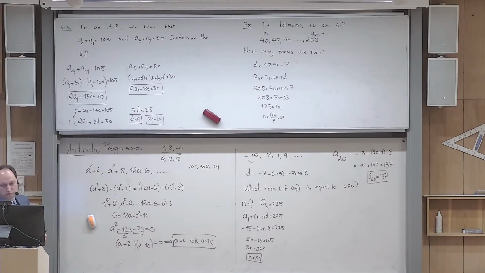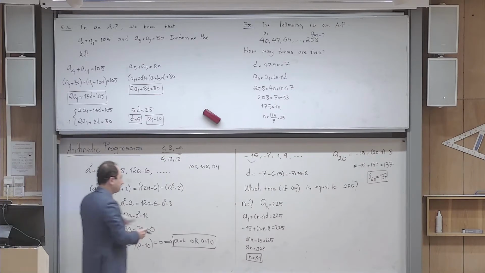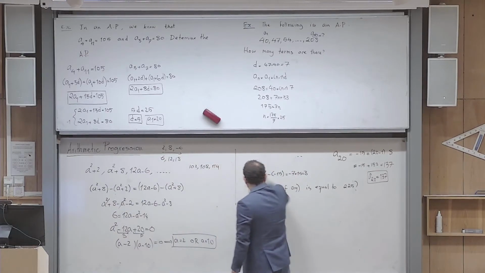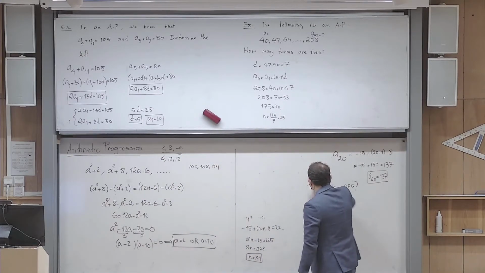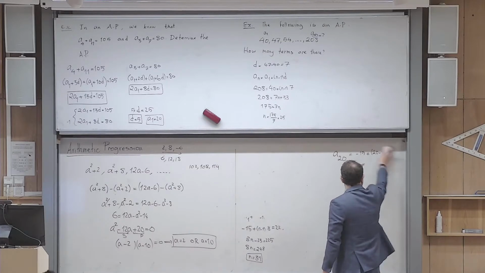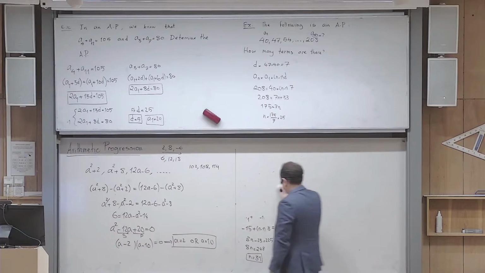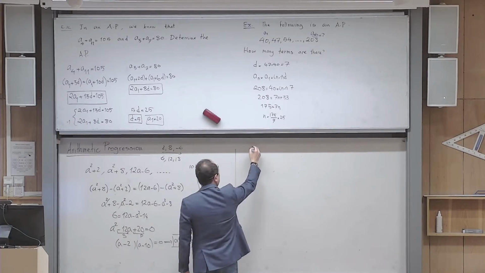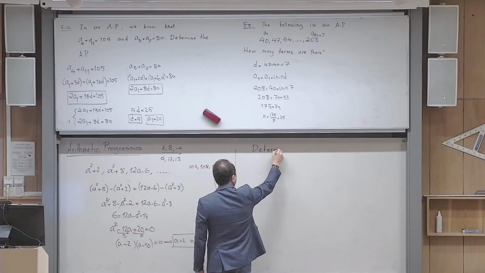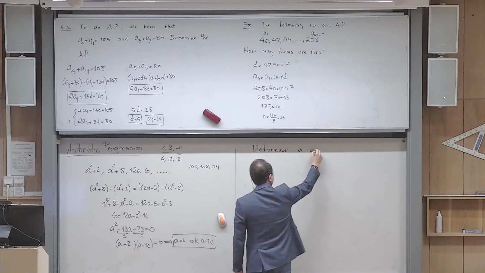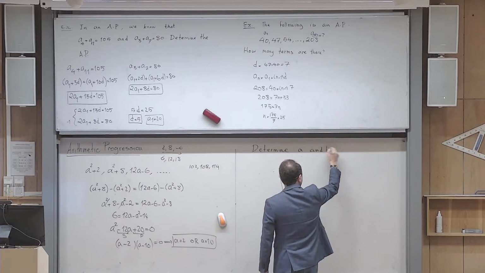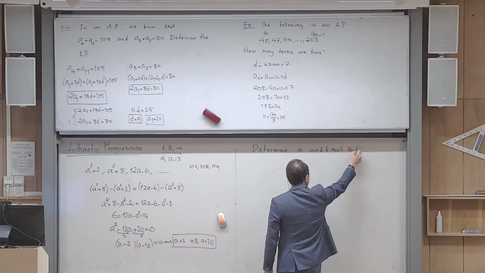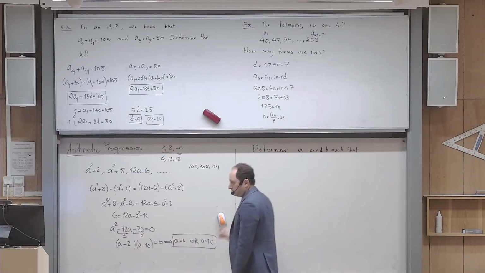Okay, if I want to make it a little bit harder, we can have this question, and I want to wait for you to solve it for me, okay? So here I want you to determine A and B such that the following list is actually part of an arithmetic progression.